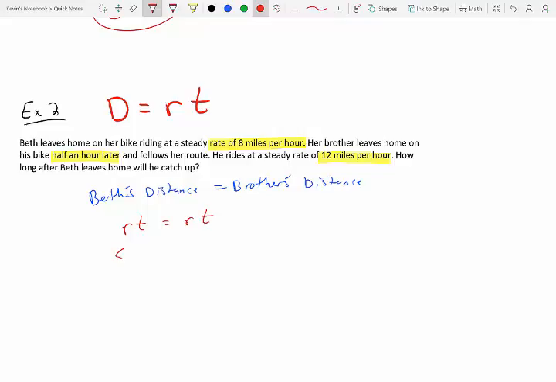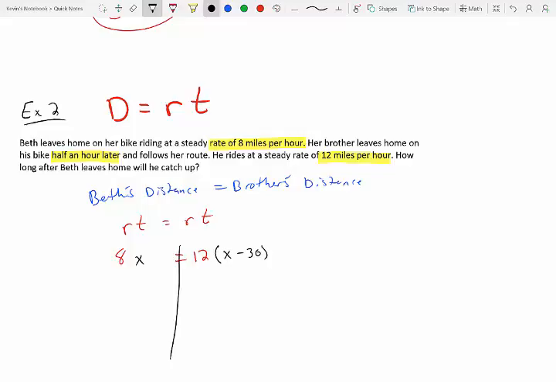Beth's rate was 8. Her brother's rate is 12. Do we know how long they rode? No. So we're going to say Beth rode for x minutes or hours, and her brother rode, we're going to say x because it's going to be the same time, but if he started a half hour later, we're going to say minus 30. So now we have our equation.